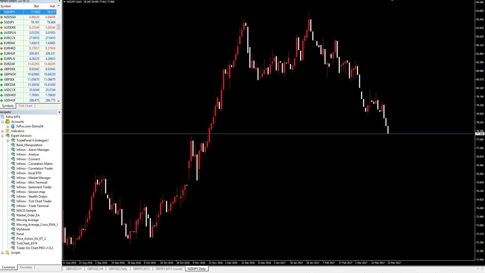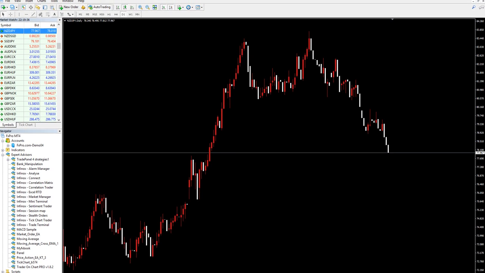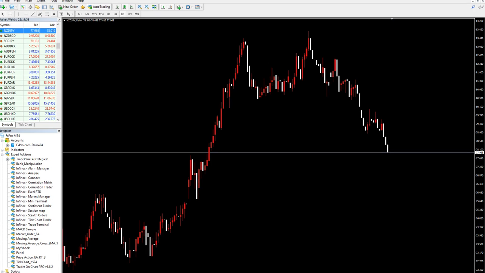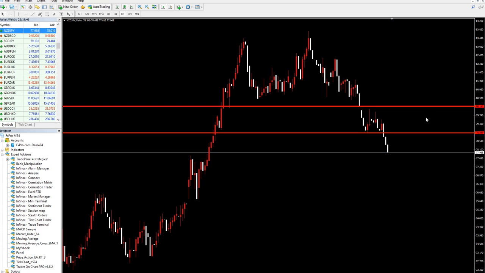I'll just expand it so you can see the tools that I'm using. So we can see the entry, which was this line here, and we had a stop loss placed above here. Take profit 1 would have been down here somewhere, and take profit 2 would be a little bit lower.